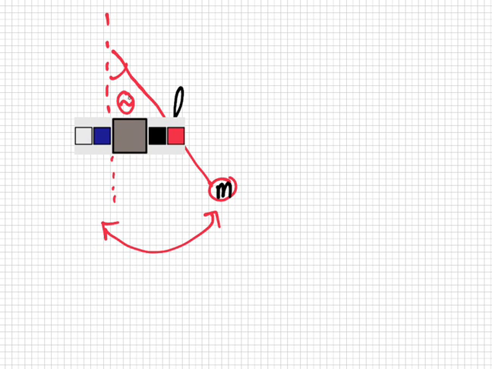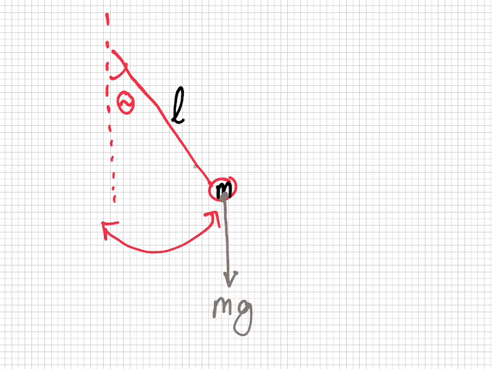Okay, let's draw in our forces. Our first force, of course, is here, which is mg. And our second force, which is here, is T. Now, if that's theta, then what's this angle here?